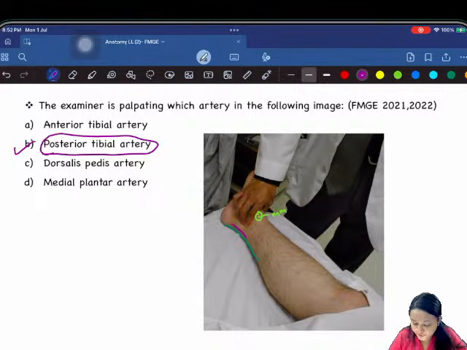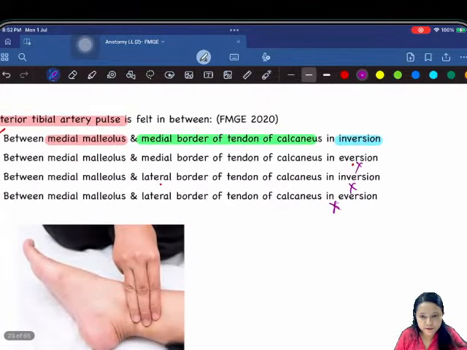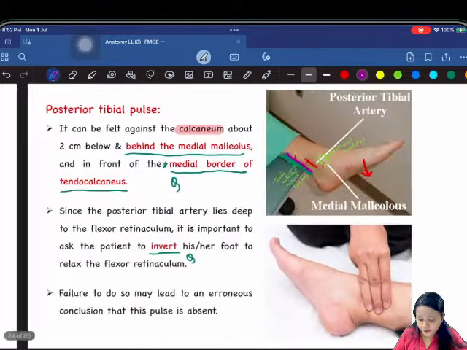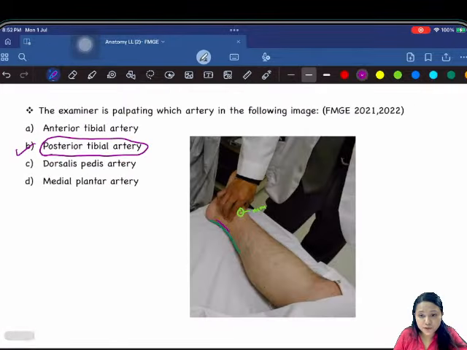That's how you will attempt a question. Sometimes they ask image-based questions, sometimes they give options like this. It is repeated again and again, in 2020, 2021, so you never know, it might come in 2024, 25.